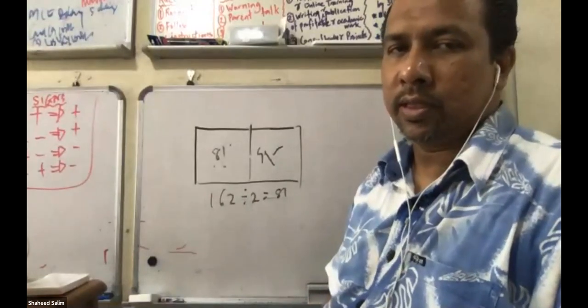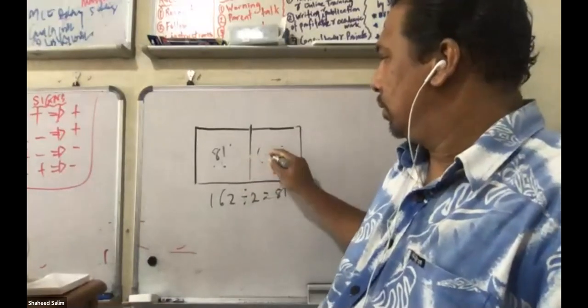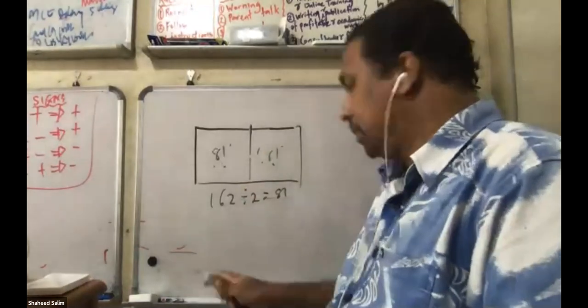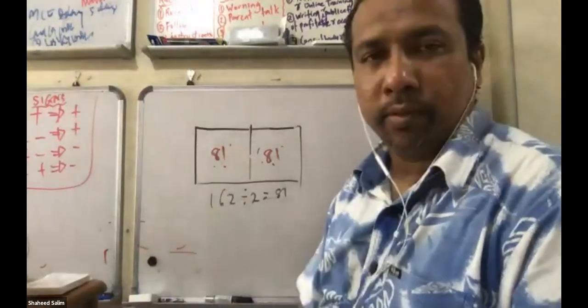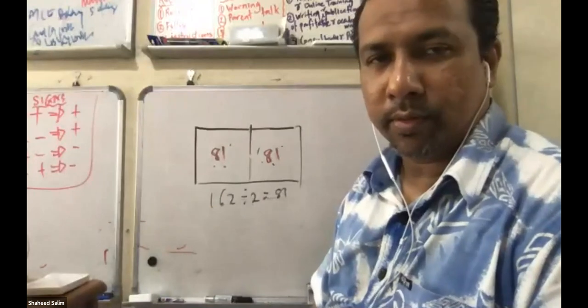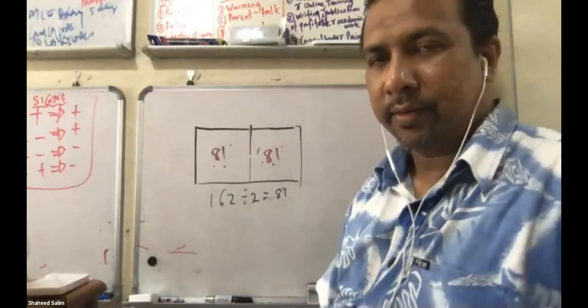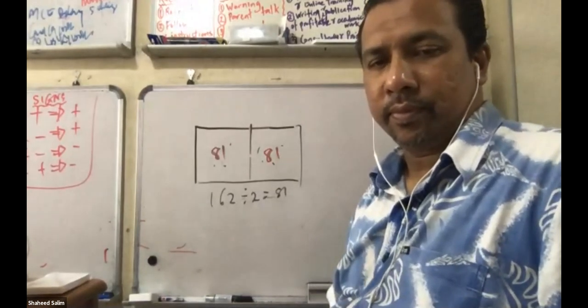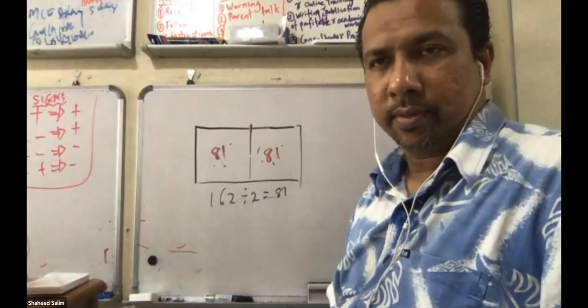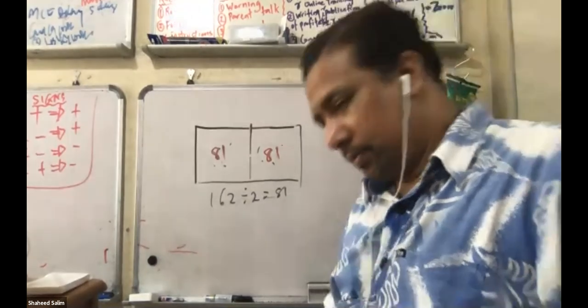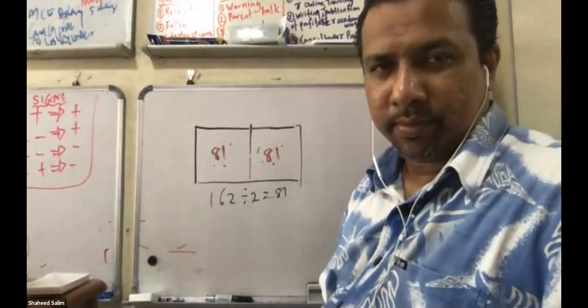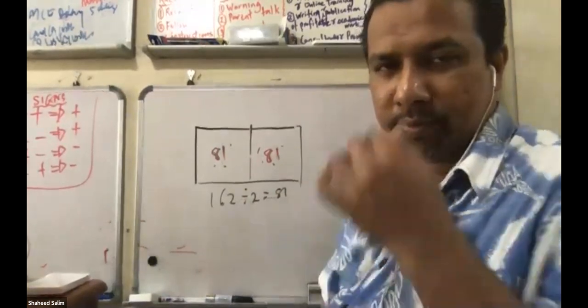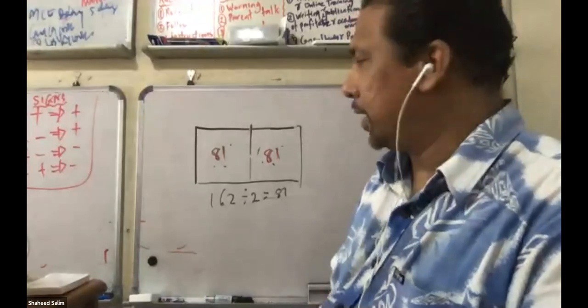What times what equals 81? Same number. Once you find the answer, you can find the length.